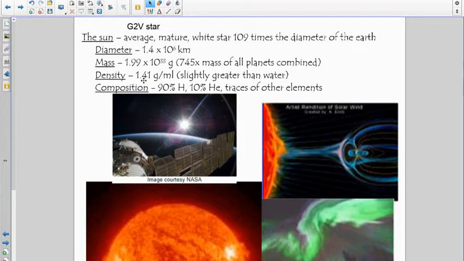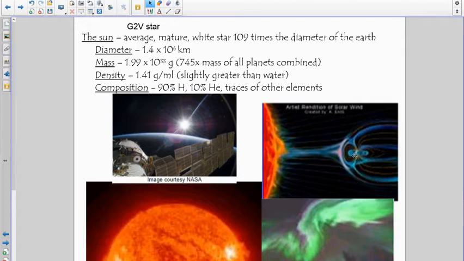But it's interesting to note that it's actually more dense than water, even though it's made of the two lightest elements that we have. So it is clearly very compressed under a lot of pressure, and the surface of the sun would be more like a pot of boiling water rather than what you might think of as being like a gas body.